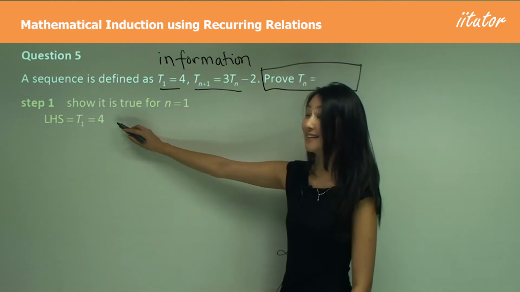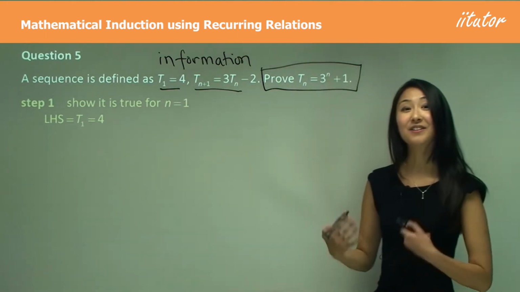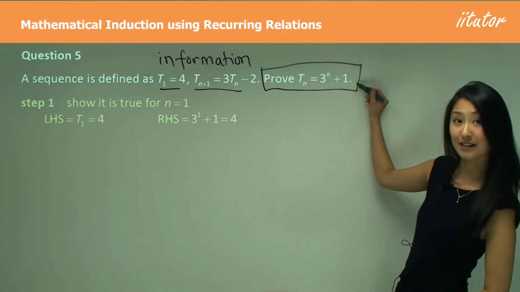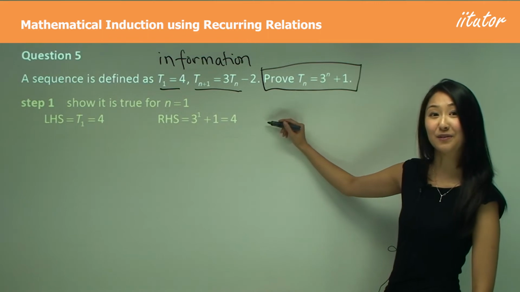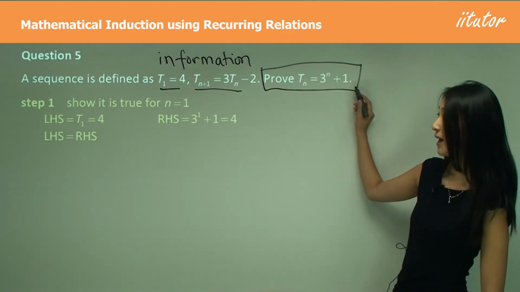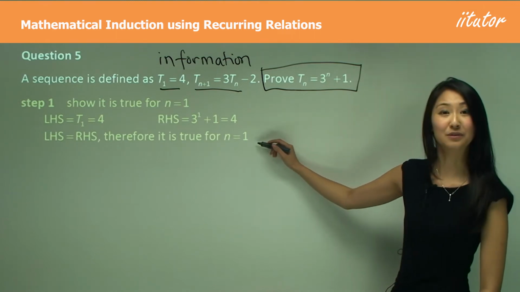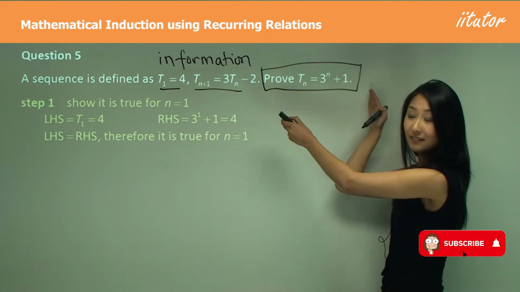So we can just say the left-hand side equals 4 because the question has told us so. Now, using the right-hand side of the equation, we have 3^1 plus 1 equals 4. So therefore, the left-hand side does equal the right-hand side for n equals 1. So just keep reminding yourself, this is what we're proving here.